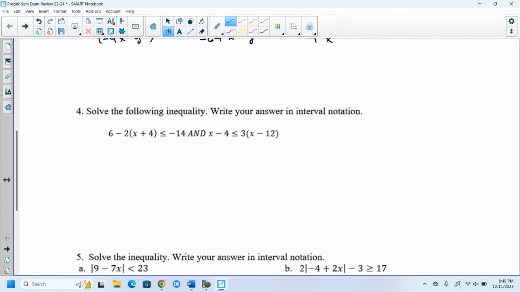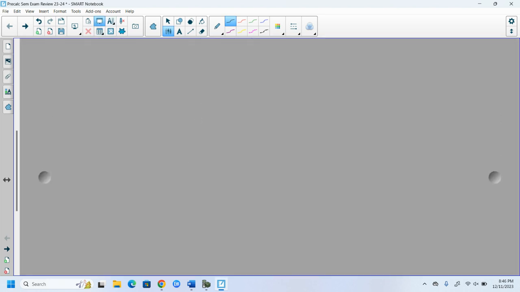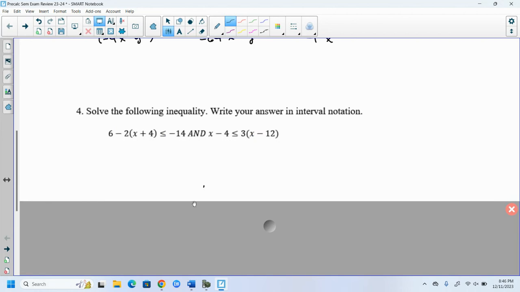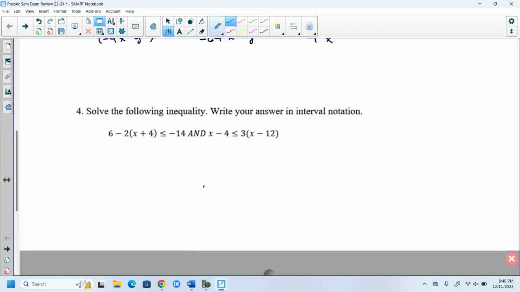All right, number 4. Okay, we just got a compound inequality with the word and. I want to solve those individually and then take a look at my answer for my final answer. So I want to distribute this negative 2.